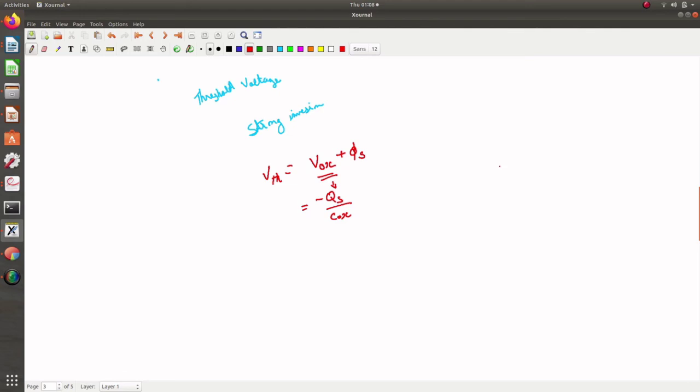This equation is from the relation V is equal to Q by C, and we know phi S is 2 phi F. Phi F is the difference between the intrinsic energy level and the Fermi level at the semiconductor side.